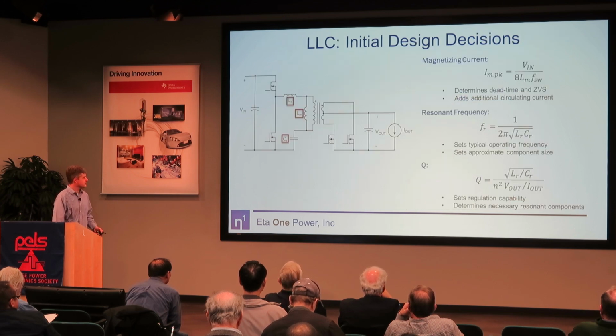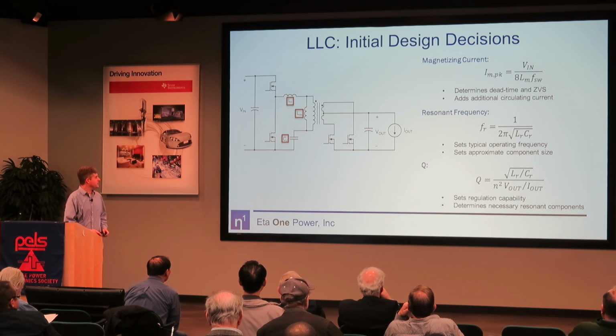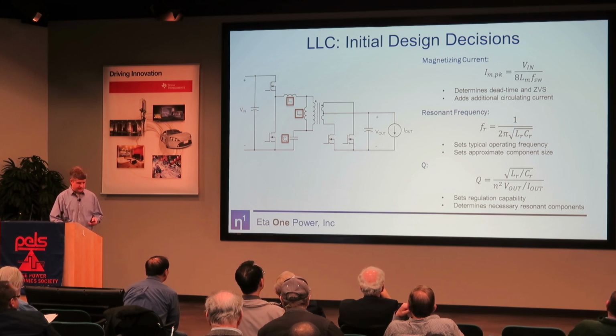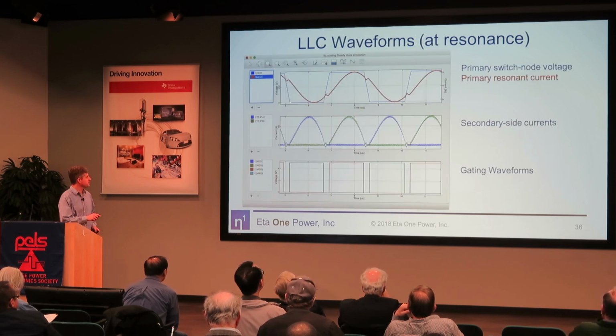So here are some design equations. I'm not going to go through them in the interest of time. But it's a fairly complex converter to design because of the two resonances involved. But it's becoming more popular now because it can be made very small and efficient. So here are our waveforms.